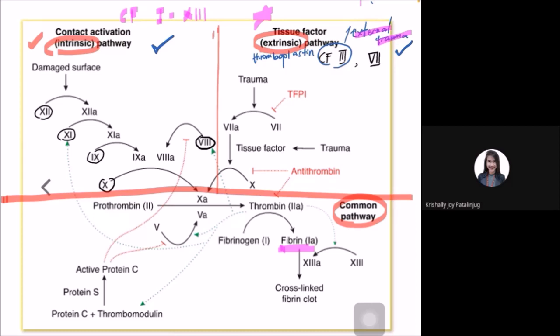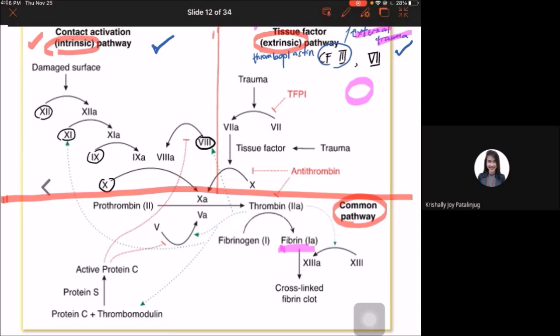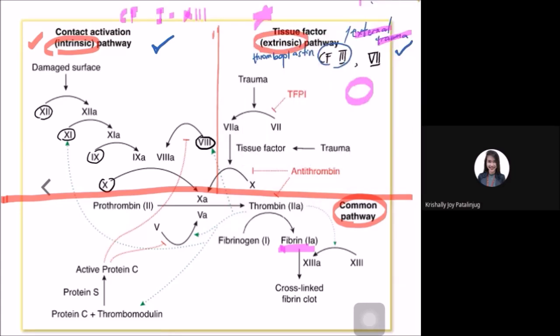Because, for example, if this is the tissue and this tissue has a skin injury, okay? You got wounded, so there is tissue injury. That causes the release of clotting factor 3.